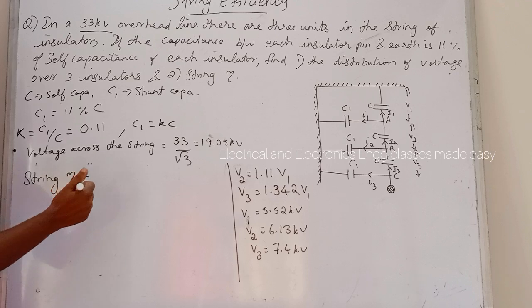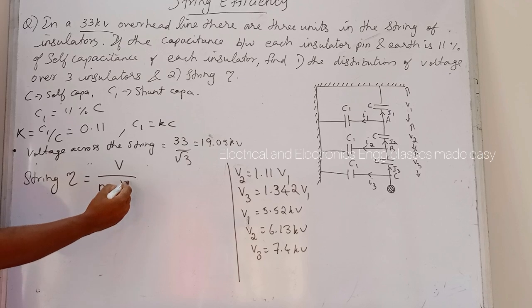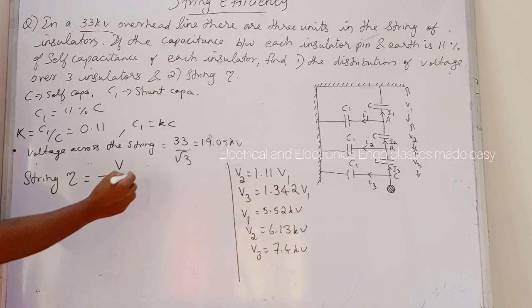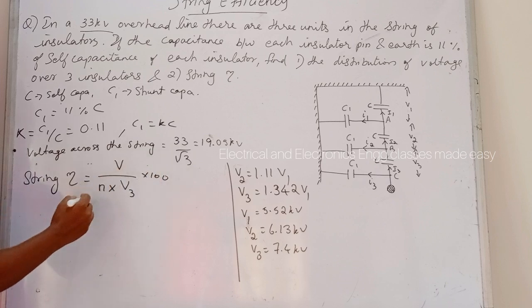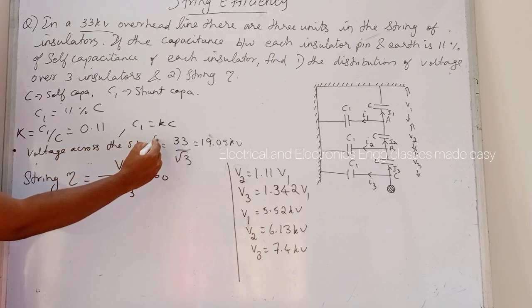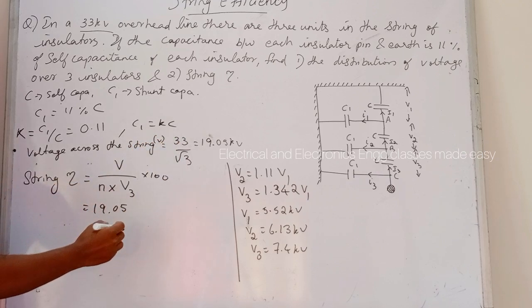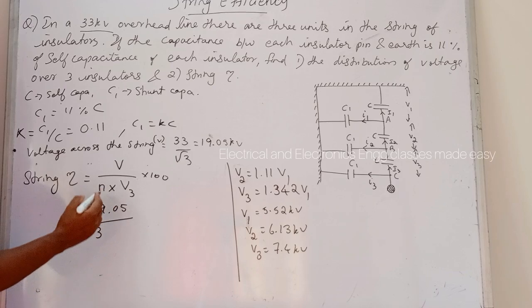So string efficiency is equal to the voltage across the string divided by number of disks into voltage drop across the disk which is nearest to the conductor, into 100. And what is V? V is 19.05, then divided by N, number of disks is 3, into V3.